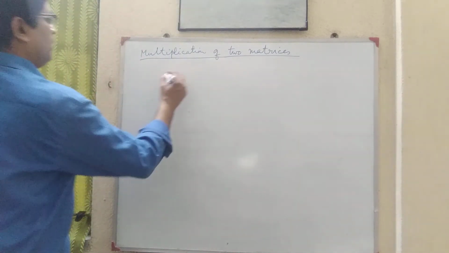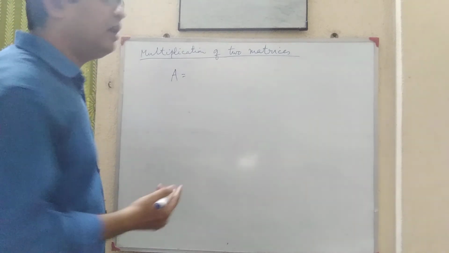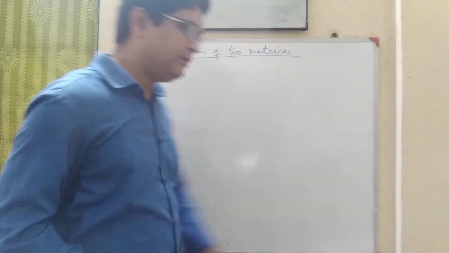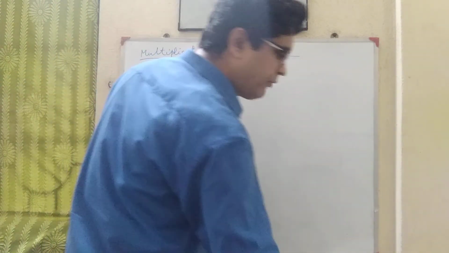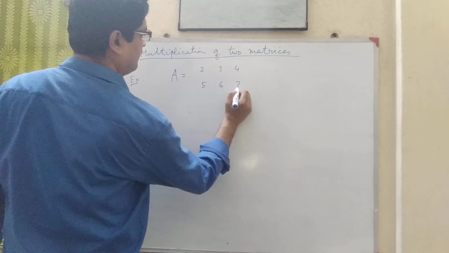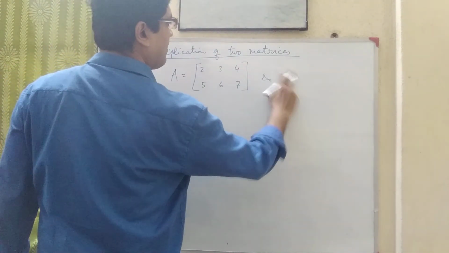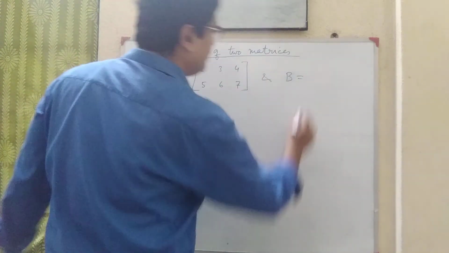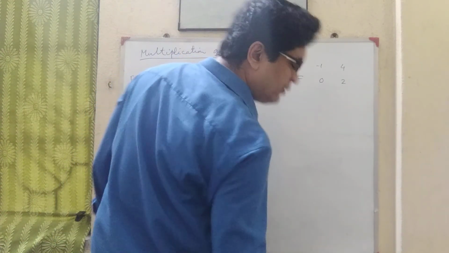Now suppose A is equal to, let's give an example, then the concept will be clear. Suppose A is equal to 2, 3, 4, 5, 6, 7, and B is equal to 1, 4, 0, 2, 3, 1.